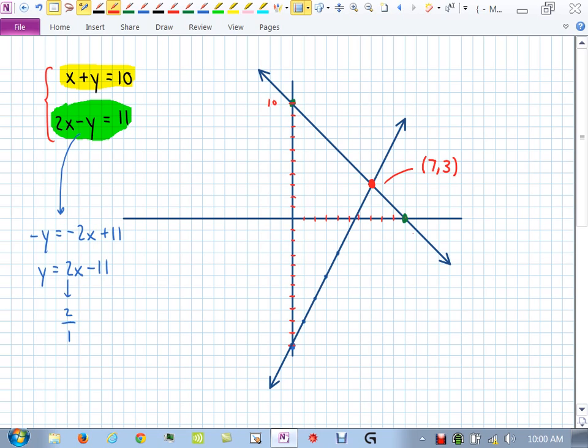And it's no coincidence. The point 7, 3 is the intersection of the two lines. Okay? So the only thing that's really new right now is that we have two lines we have to graph, and we have to graph them pretty well so that we can figure out where they hit each other.